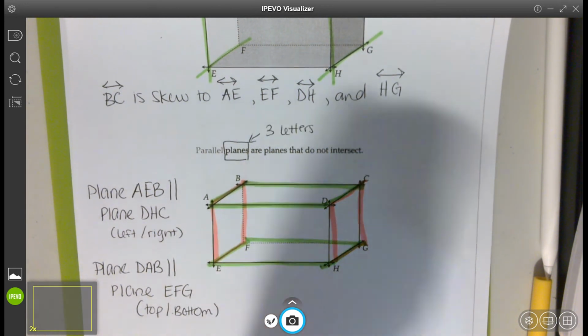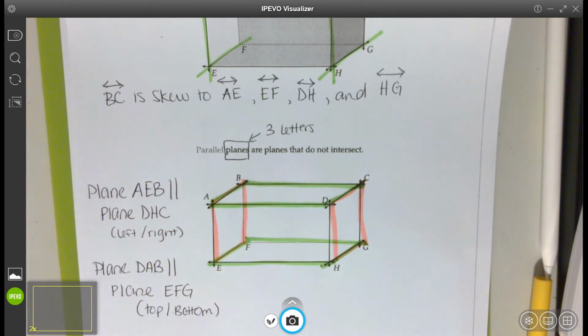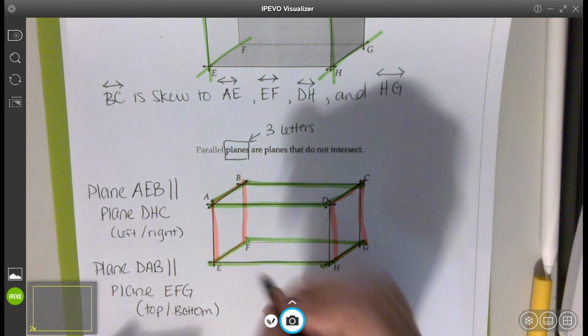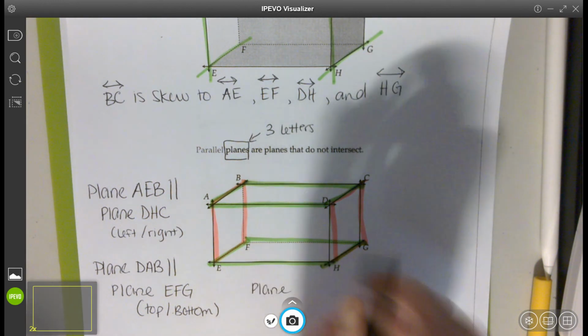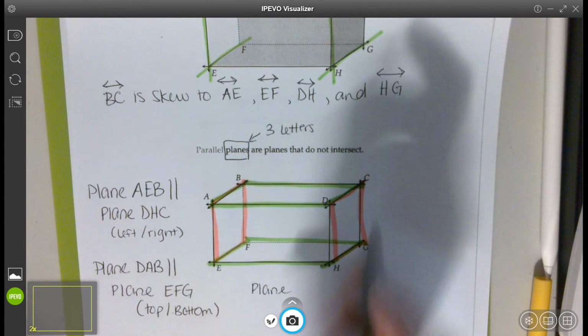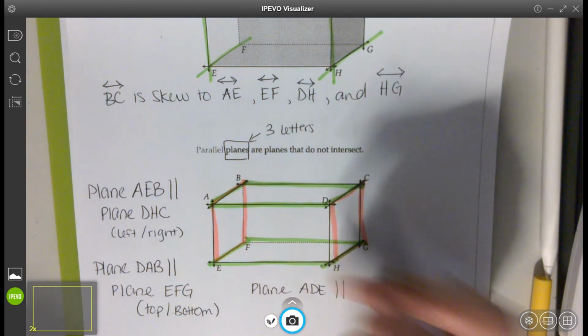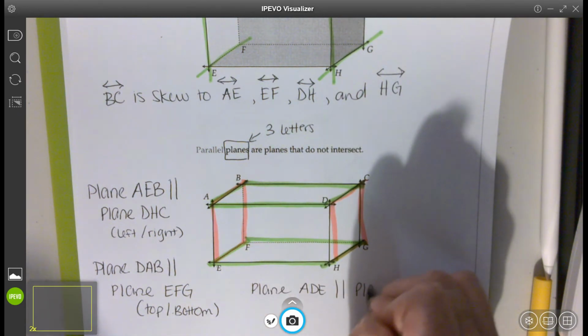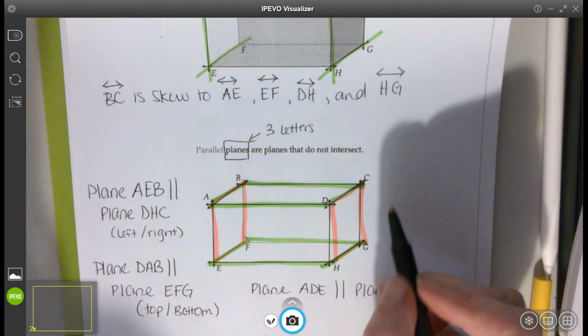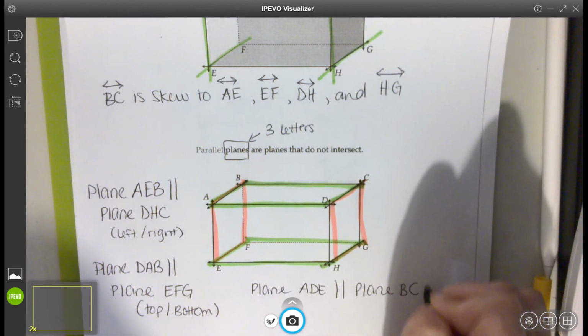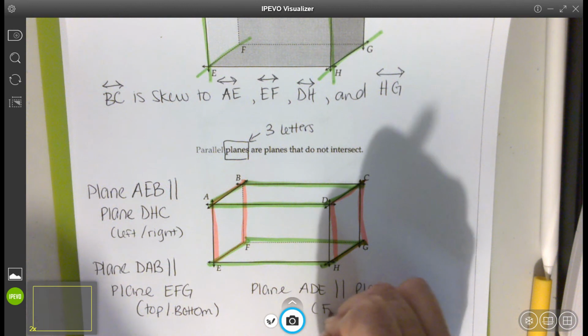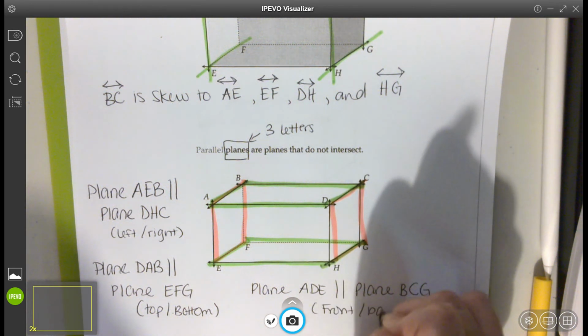Okay, which makes the last two planes the front and the back. So the front would be ADE is parallel to the back plane BCG. So that is the front and back.